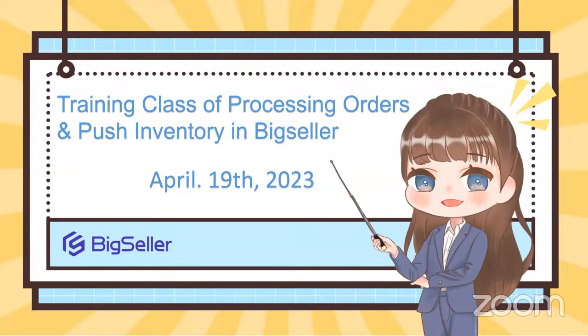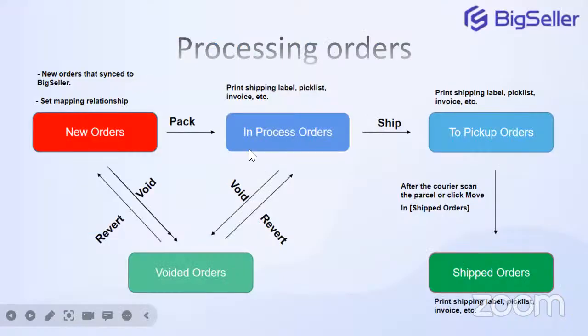For the first part, I will introduce order processing, how to process your new order in our Big Seller system. This is the flow chart of order processing. In Big Seller, we have 4 steps to process a new order. New orders will be automatically synced to our Big Seller system in the new orders status, the first status. And then you need to pack your new orders. After the order is successfully packed, it will be moved to the second status, in process orders.